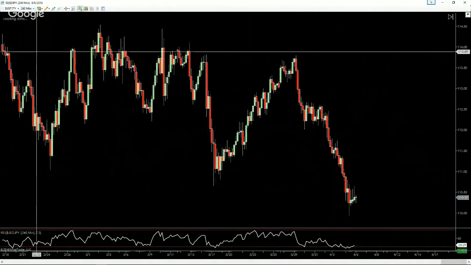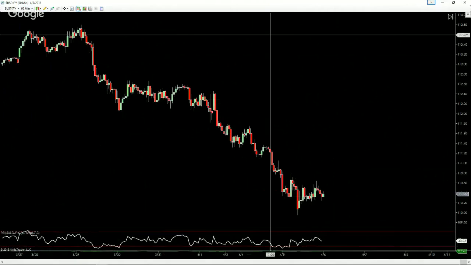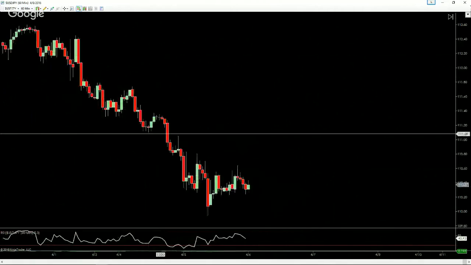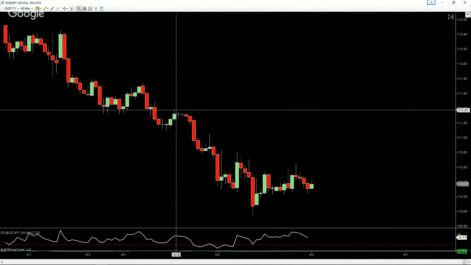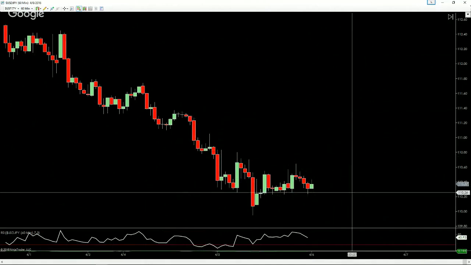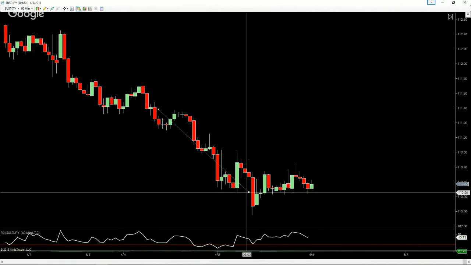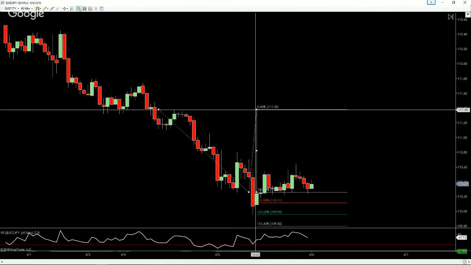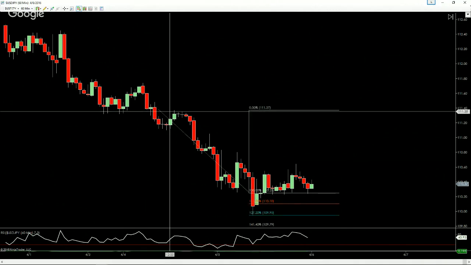Nothing there. Let's go to, let's see, we might. Okay. So we have a possible cipher pattern that could complete later on. Right there.